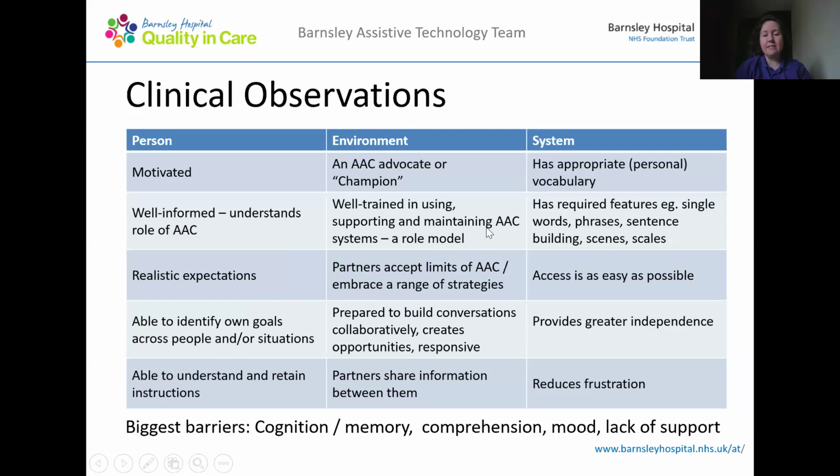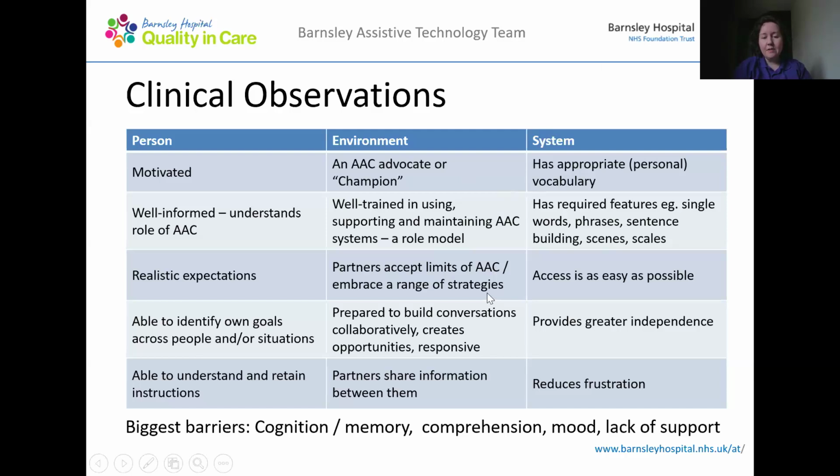So maintaining might be, for example, updating it. So if it needs new words, the person might have new family members or hobbies they want to add or new TV shows they enjoy. So the person helping update it, because if it's not updated, it might not be relevant after so long, and that could demotivate the person using it.